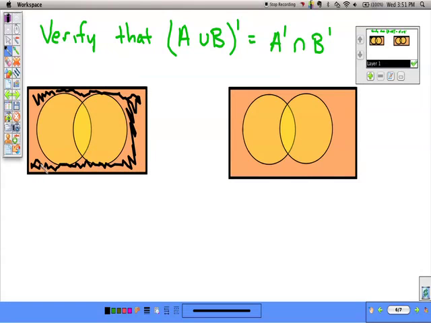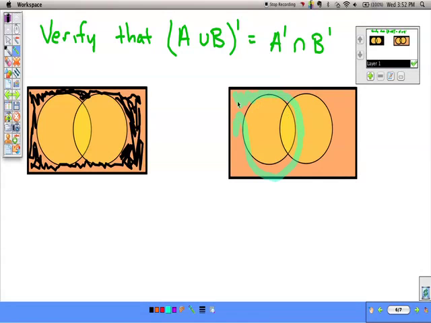So all that yellow stuff is the complement of it. Now A complement, if this left-hand circle is A, complement is everything that's not in A. So that would be all that. B complement is everything that's not in B. So if we take B as being the right-hand circle, we're looking at that stuff.